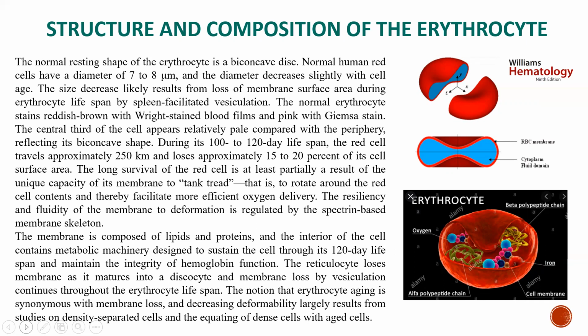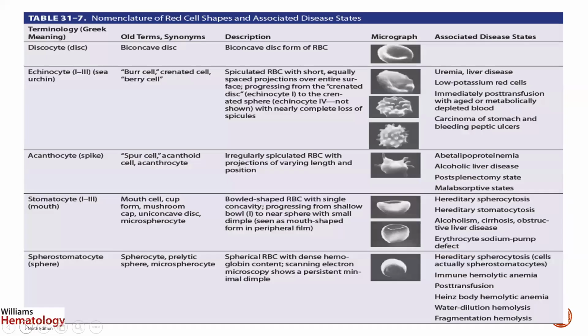The reticulocyte loses membrane as it matures into a discocyte, and membrane loss by vesiculation continues throughout the erythrocyte lifespan. The notion that erythrocyte aging is synonymous with membrane loss and decreasing deformability largely results from studies on density separated cells and the equating of the dense cells with the aged cells.